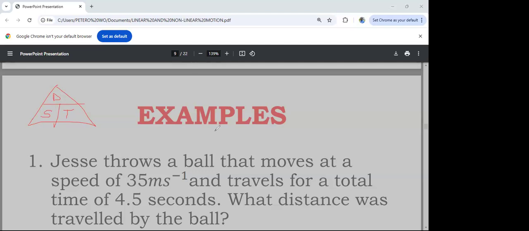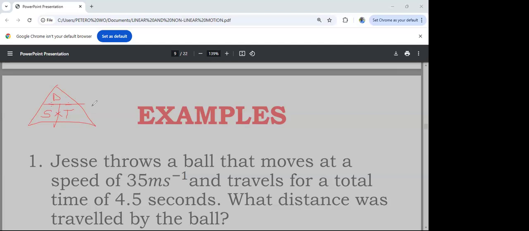So in the middle of S and T, it's a multiplication sign. Then that line here I'll put a division. So this line has a division sign, and this is also a division sign.